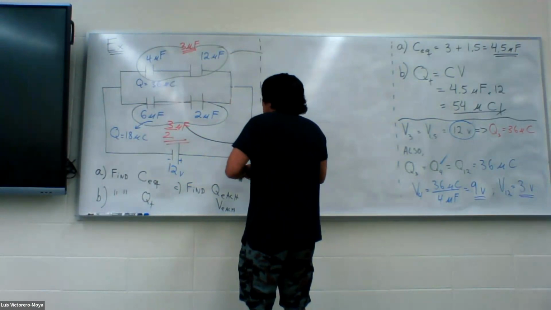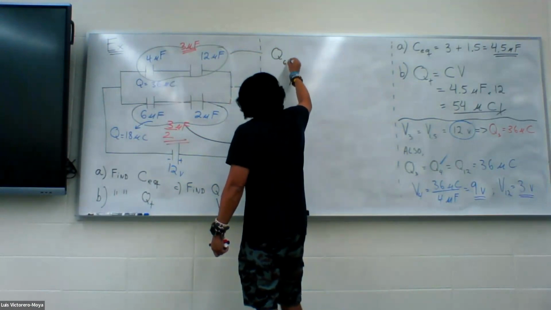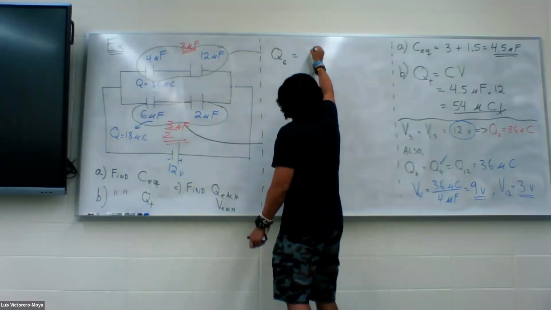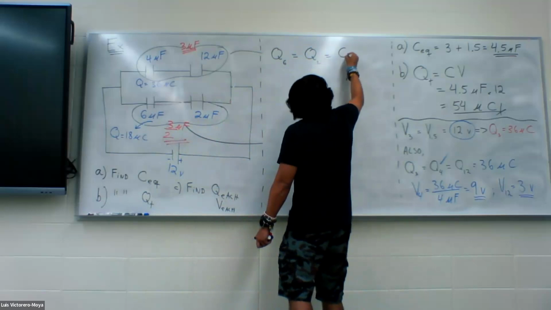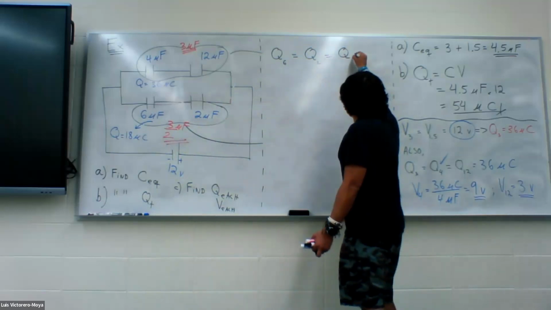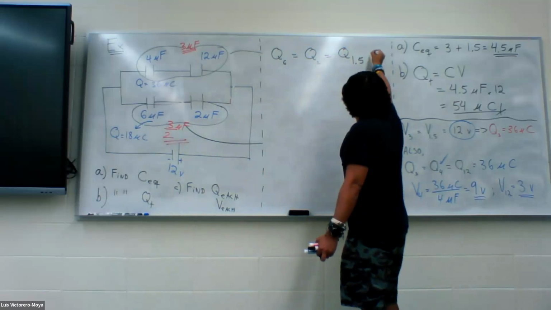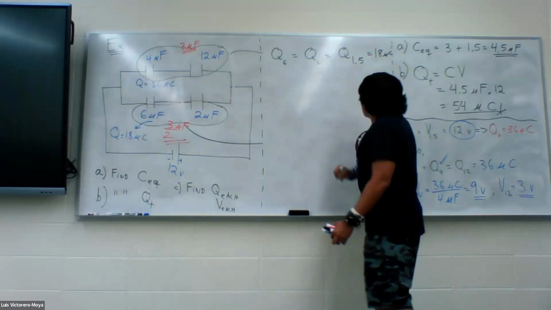So the charge on 6 is equal to the charge on 2, which is equal to the charge on 3 halves, which is 1.5. And what's that? 18 microcoulombs.